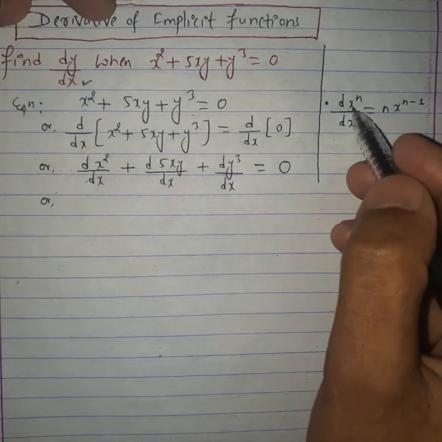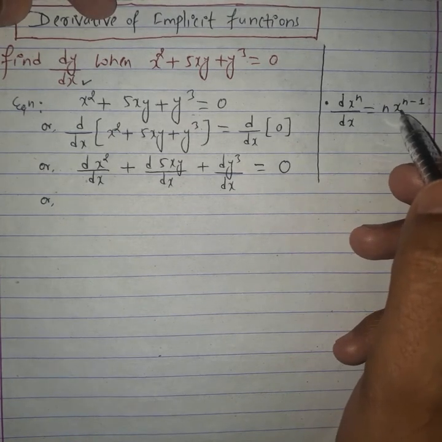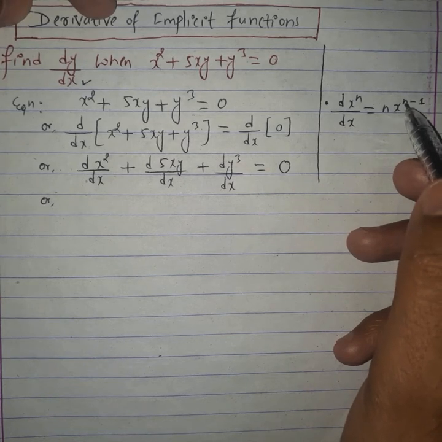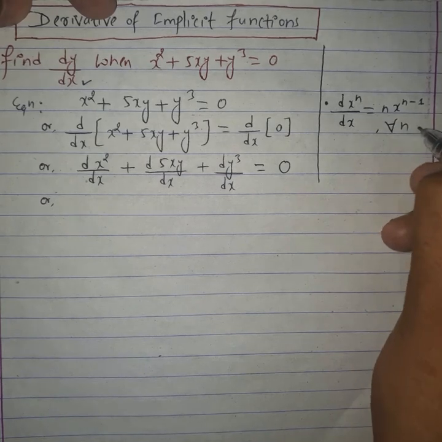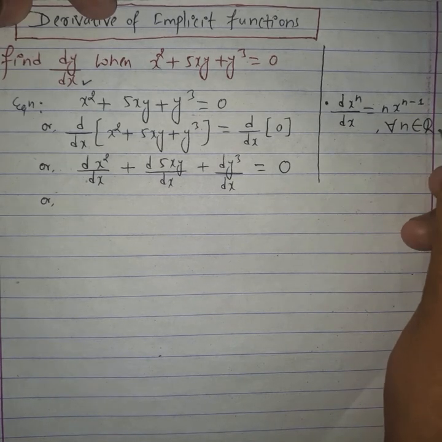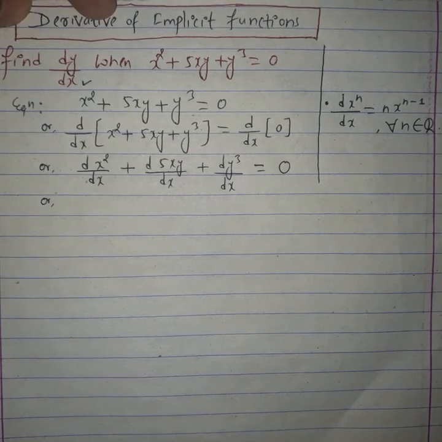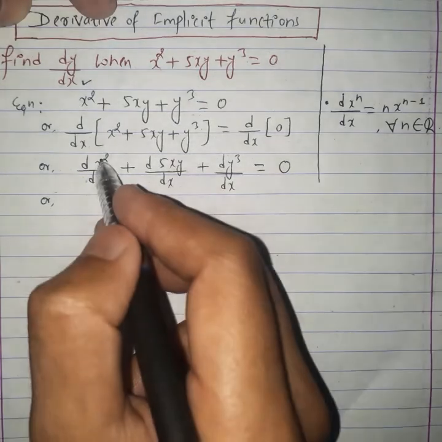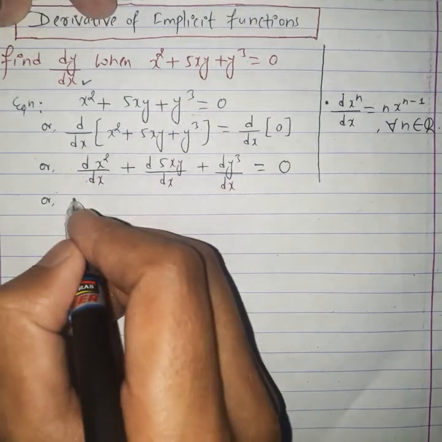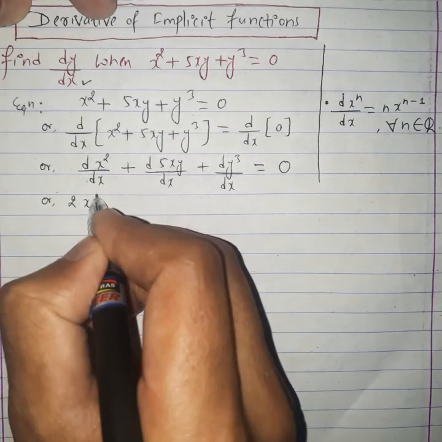It is valid for all n belonging to the set of rational numbers. So here is the same format, and we can use this concept. Here n is 2, so 2 times x raised to the power of 2 minus 1. 2 minus 1 gives just 1.